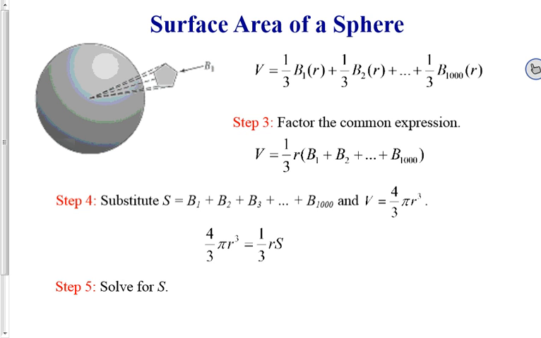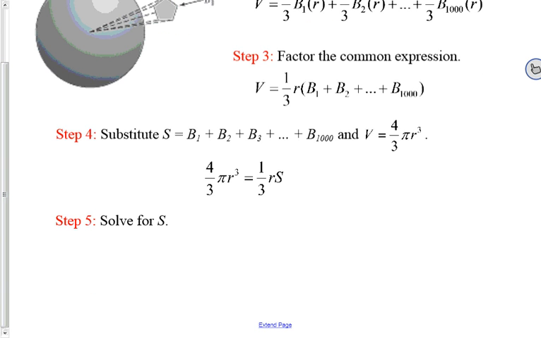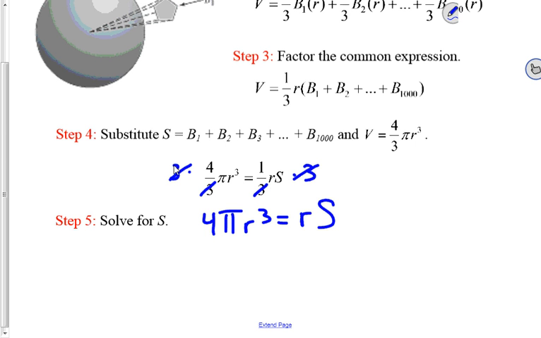Now finally, in step 5, we're ready to apply some algebra to solve for the surface area. The first thing I'm going to do is multiply by 3 on both sides of this equation to get rid of my denominators. That leaves me with a new equation, 4 pi r cubed equals r times S. Now the only thing left to do to solve for S is to divide both sides by r.